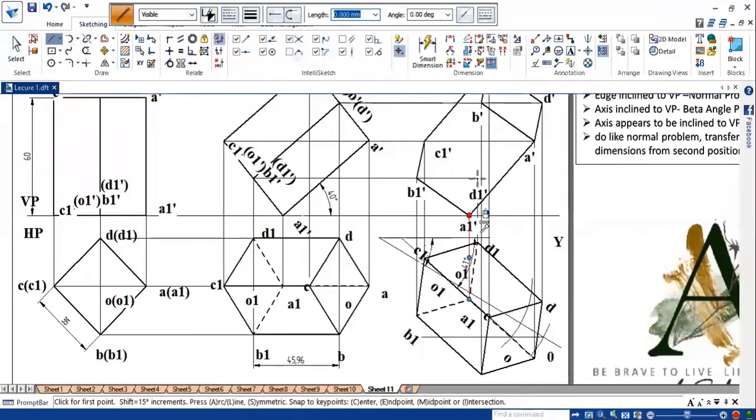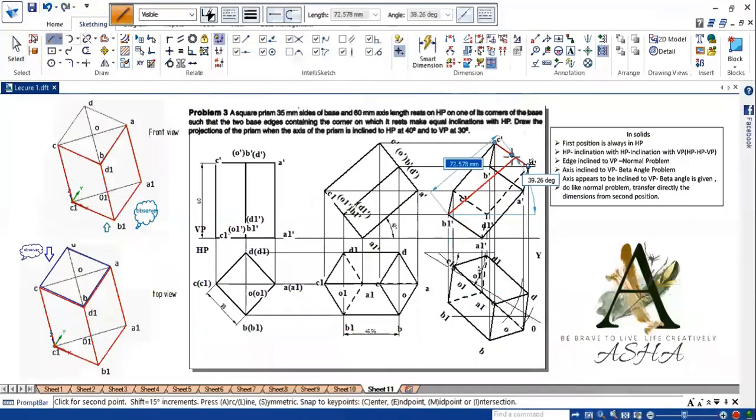A1 to D1, D1 to C1, and D1 to D. So B1 to B is visible to me. So use the visible line to connect from B1 to B.